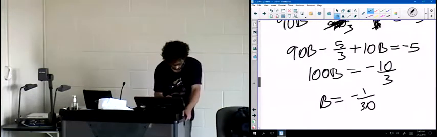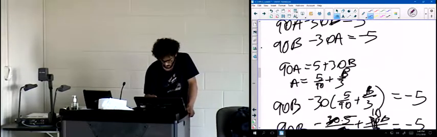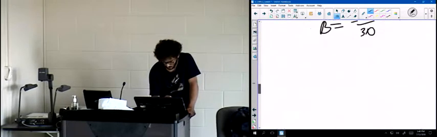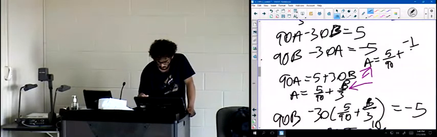Now, since we have our b value, go back to a. Right here. So this implies that a is equal to 5 over 90 plus negative 1 over 30, divided by 3.